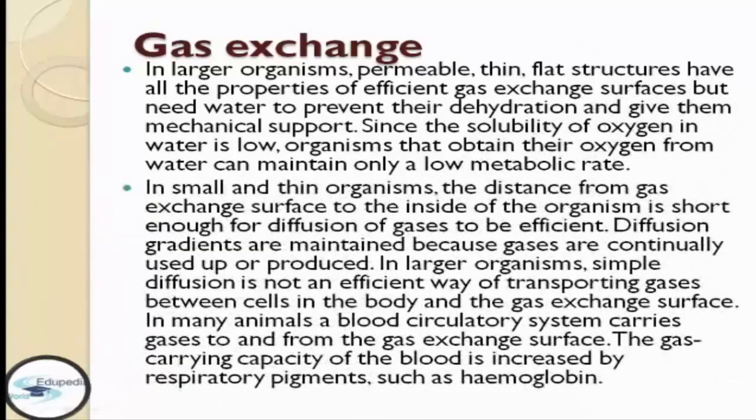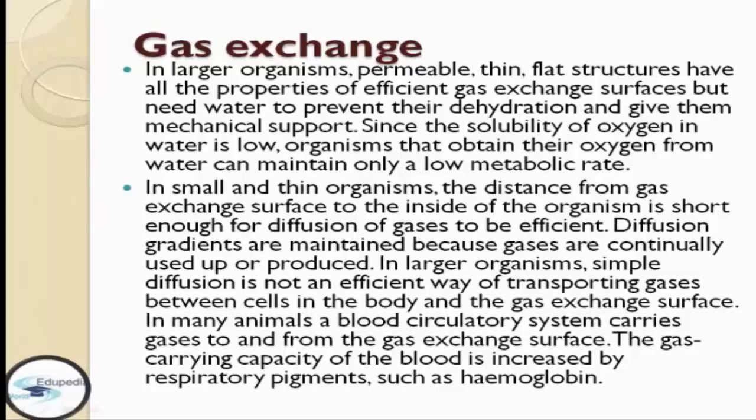In a small and thin organism, the distance from the gas exchange surface to the inside of the organism is short enough for diffusion of gases to be efficient. Diffusion gradients are maintained because gases are continually used up or produced.